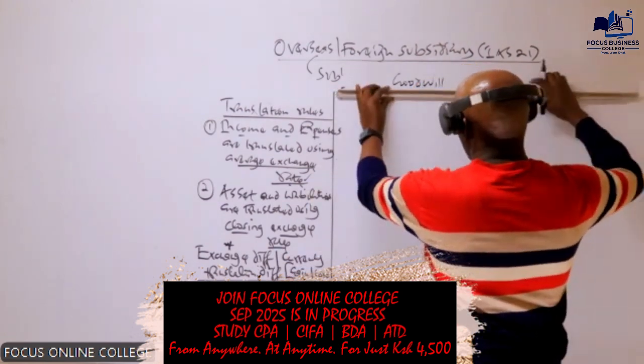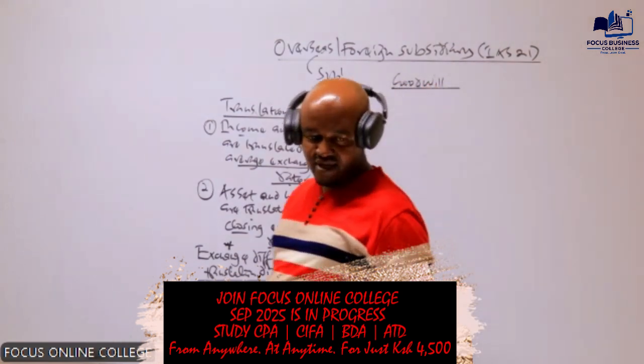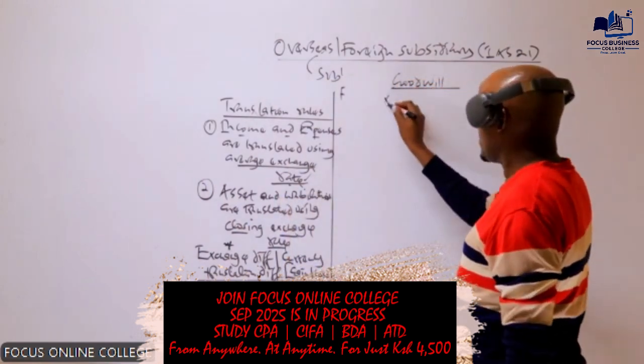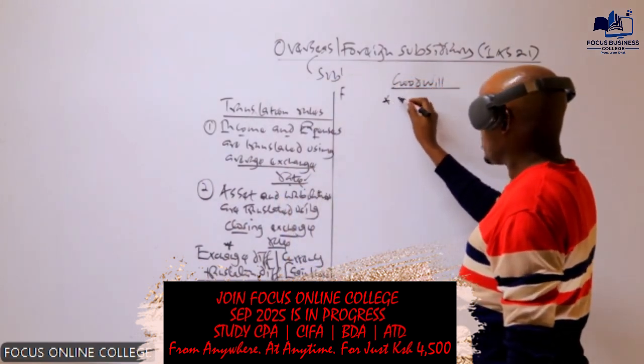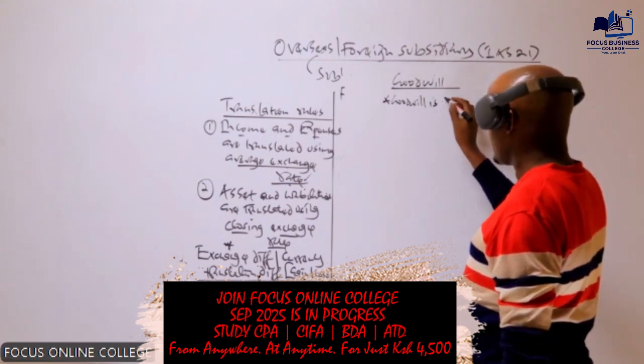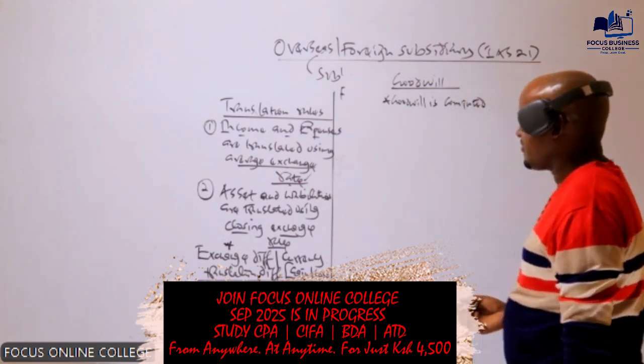So remember, goodwill is the difference between the purchase consideration paid by the parent company and the net assets which were acquired. What is important to note first is that goodwill is computed using the functional currency.